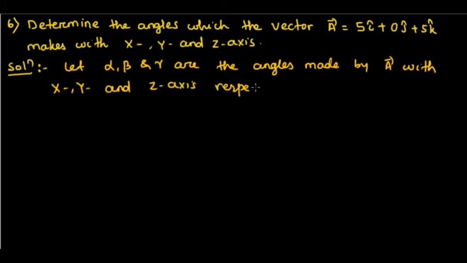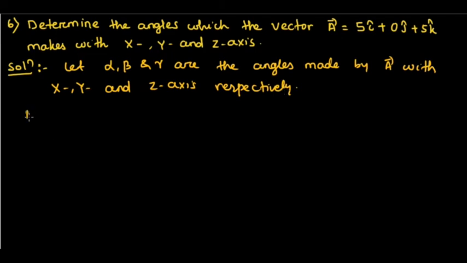That means the angle between vector a and x axis is alpha, the angle between vector a and y axis is beta, and the angle between vector a and z axis is gamma. So we have to find the value of alpha, beta and gamma.